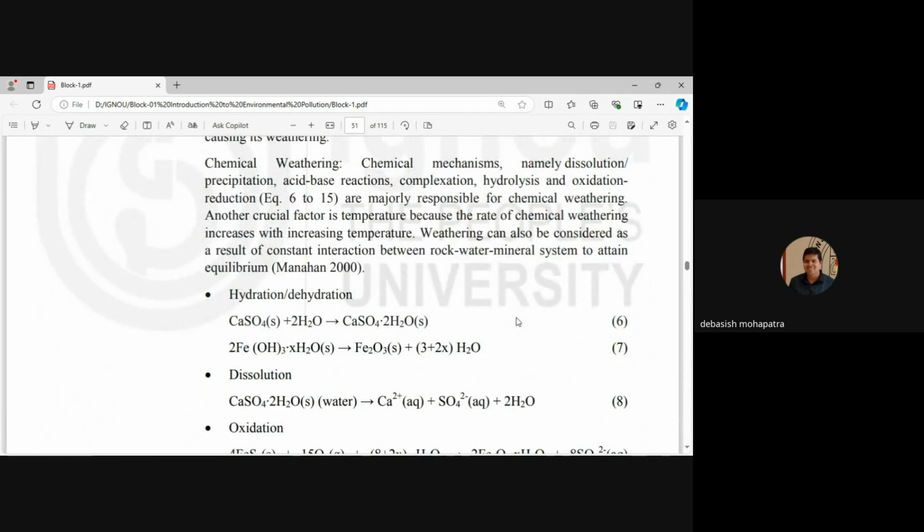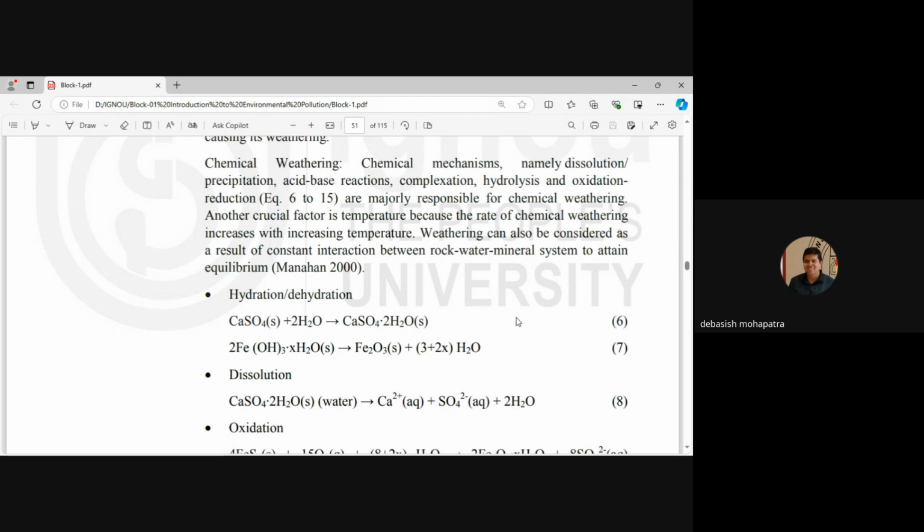Chemical weathering. Chemical mechanisms, namely dissolution, precipitation, acid-base reaction, and complexation, hydrolysis and oxidation reduction, are majorly responsible for chemical weathering. Another crucial factor is temperature, because the rate of chemical weathering increases with the increase in temperature.